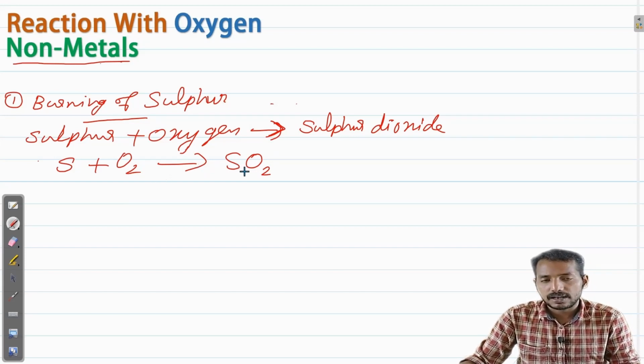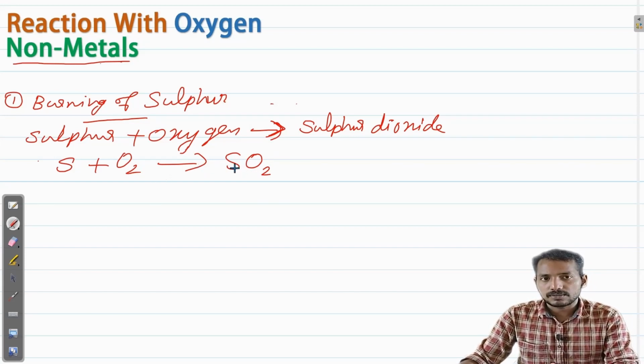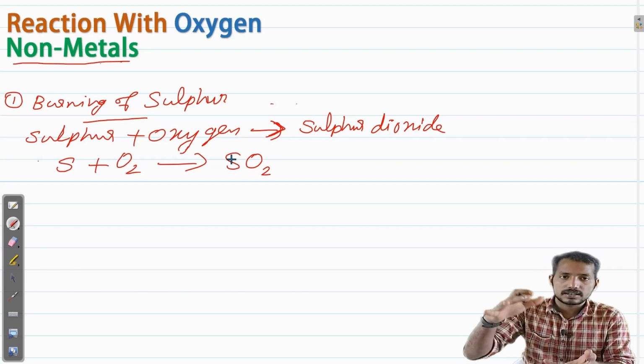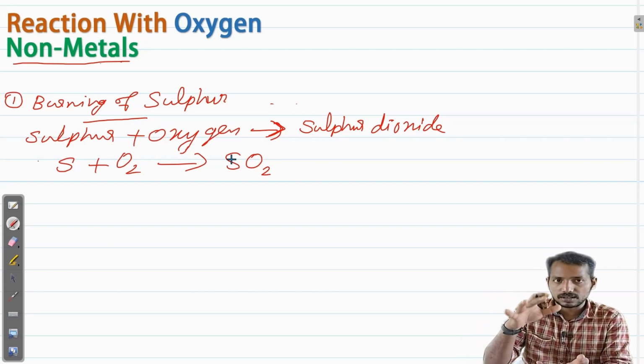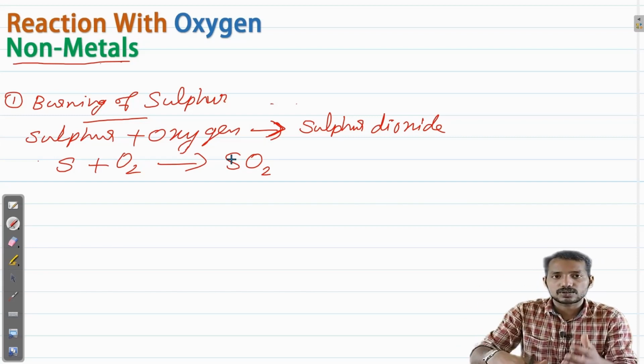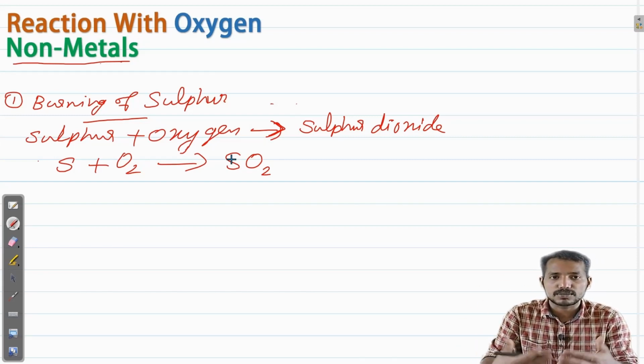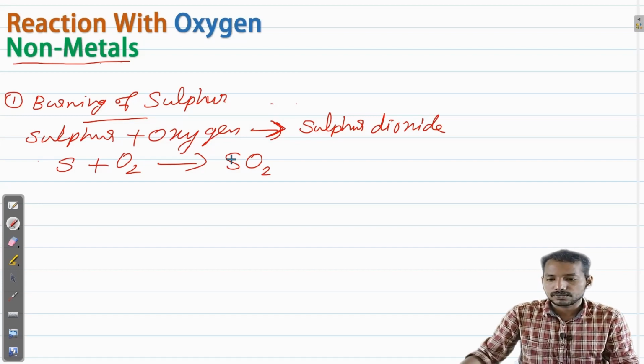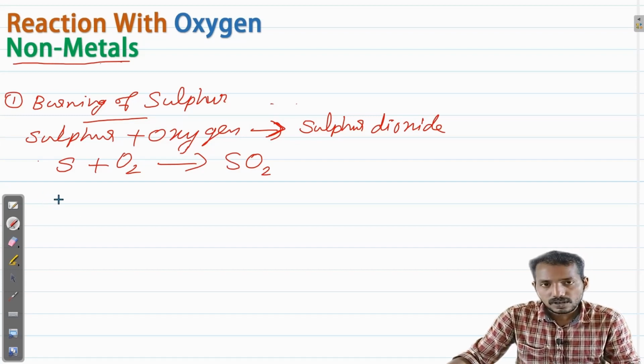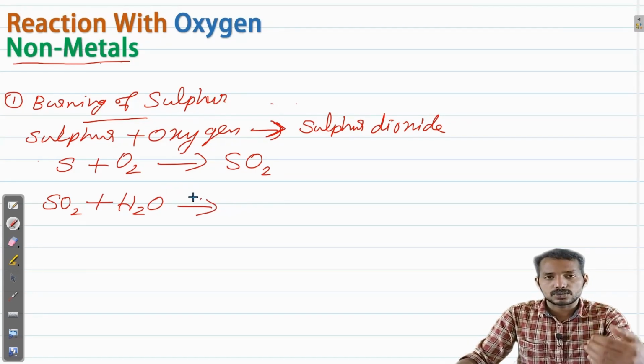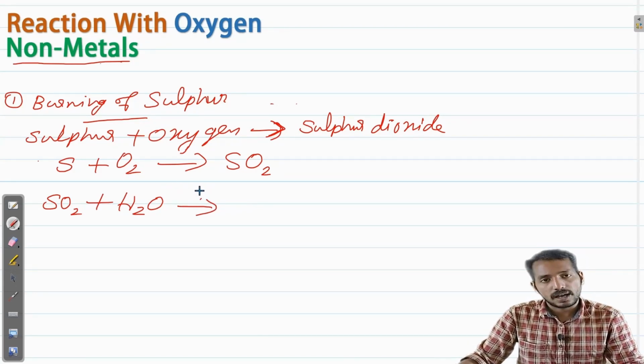Okay, clear? While burning sulfur, just collect the gas formed, add some water to that gas and shake well so that the sulfur dioxide is mixed with the water. So we will get a solution, that is sulfur dioxide plus H2O. Then check this solution with red litmus paper and blue litmus paper.